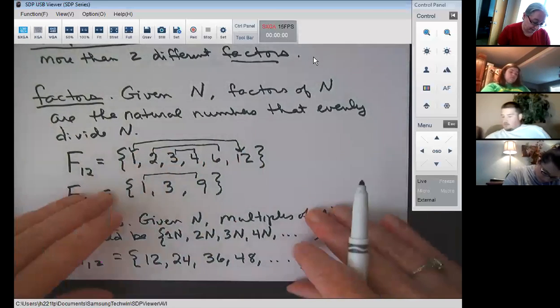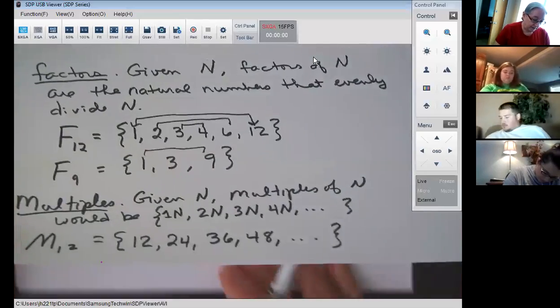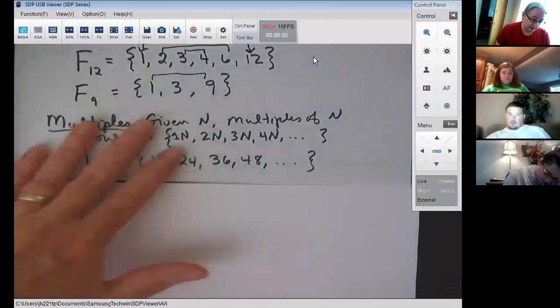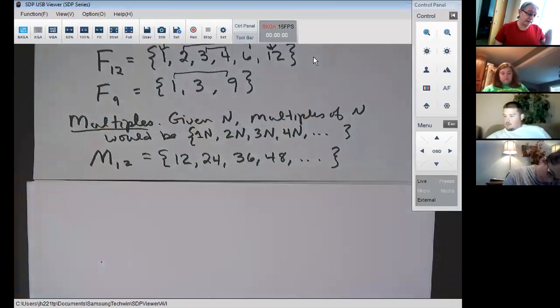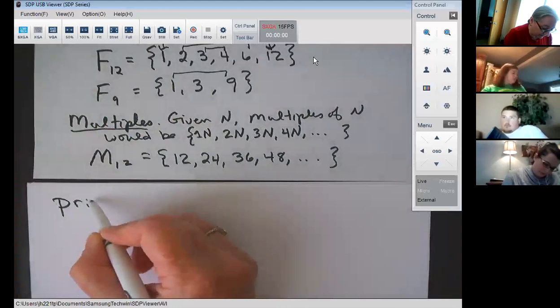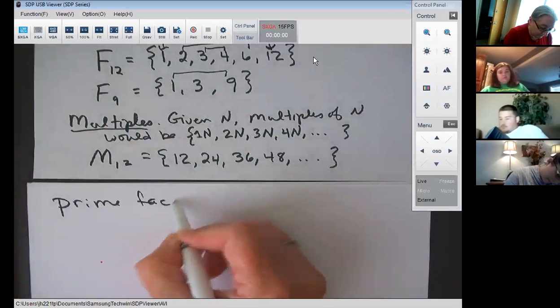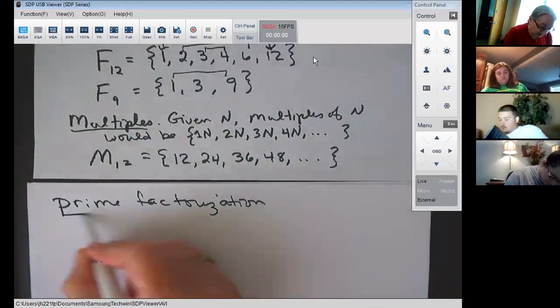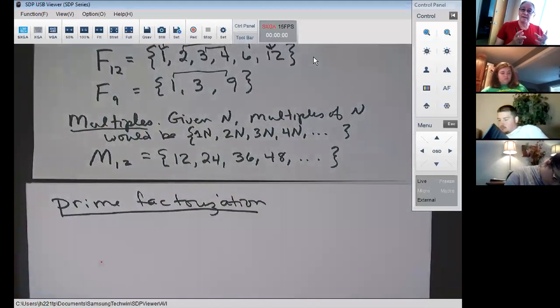All right. Now, one of the things that sometimes we have to do when we're dealing with numbers is come up with what we call the prime factorization of a number. And a prime factorization is basically a renaming of the number as a product of all of its prime factors.